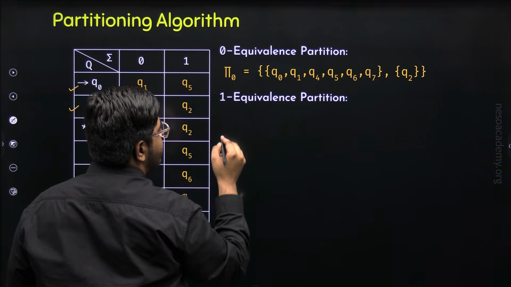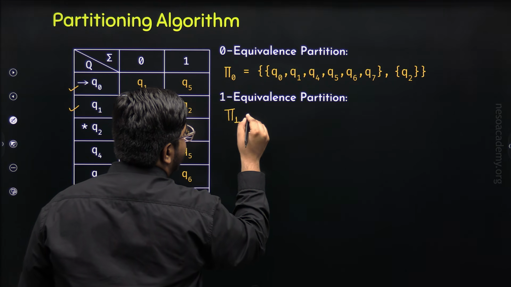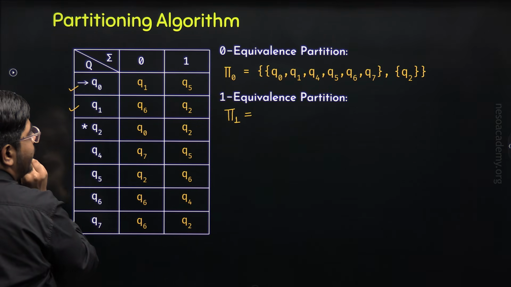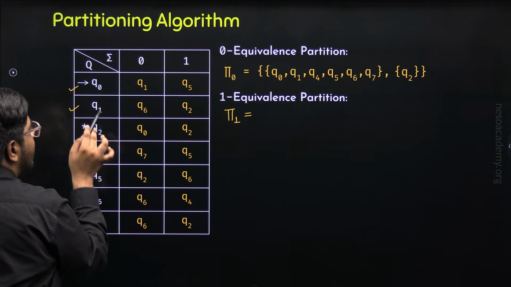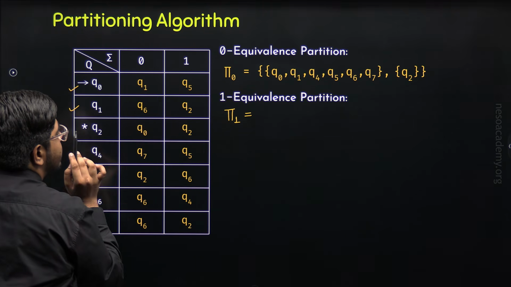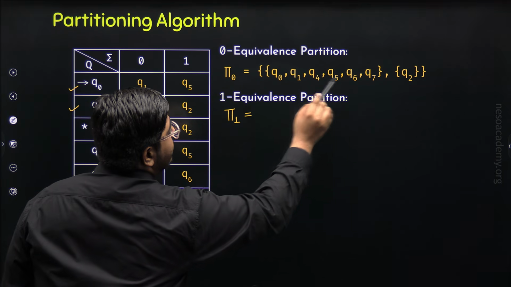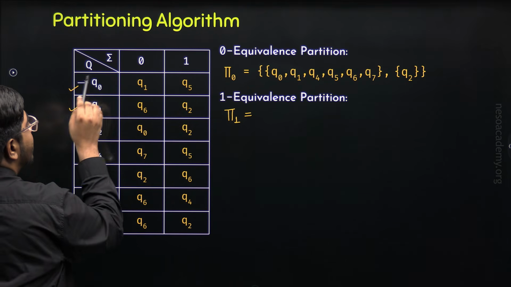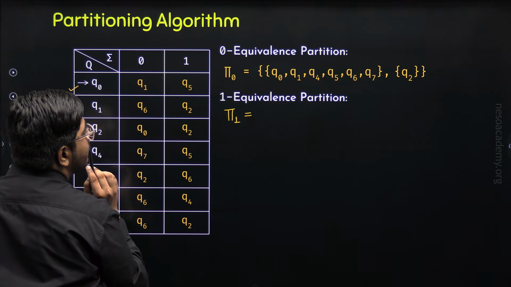1 equivalence partition is represented using pi 1, which will be equal to, we need to check Q0 and Q1. On input symbol 0, Q0 gives Q1 and Q1 gives Q6. Q1 and Q6 lie in the same partition. Let's check for the input symbol 1. Q0 is giving Q5 and Q1 is giving Q2.